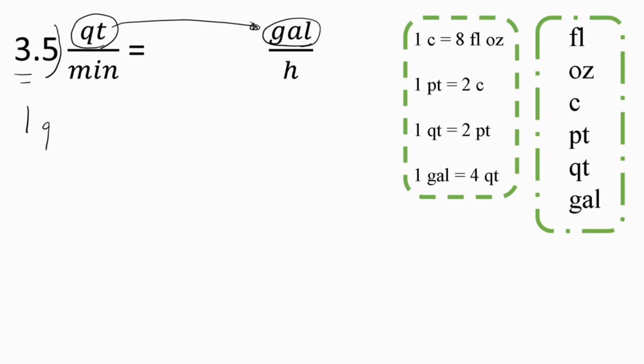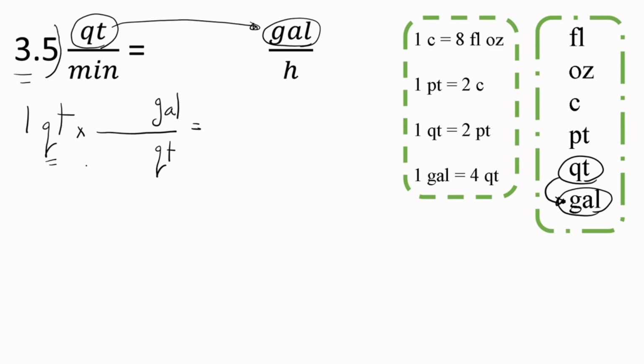So 1 quart. First of all, let's specify. Quart is here and gallon is here. So we want to make the unit larger. For the unit of the next denominator, I'm going to use the unit of the previous numerator, which is quart. One step larger than quart is gallon. And gallon is the desired unit, so I should not continue.